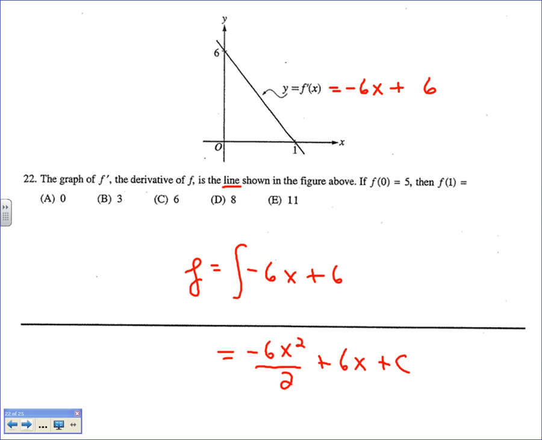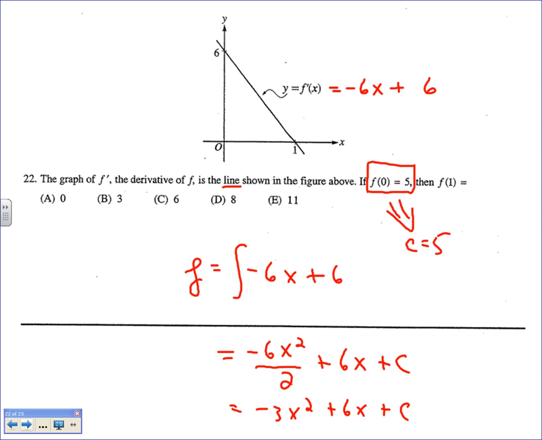Now that reduces to -3x squared plus 6x plus c. We're told here if 0 goes in the function, 5 goes out, so there's an implication here that c equals 5.